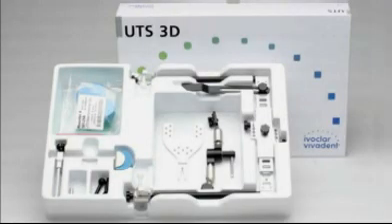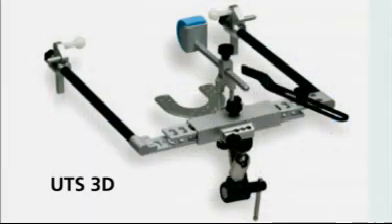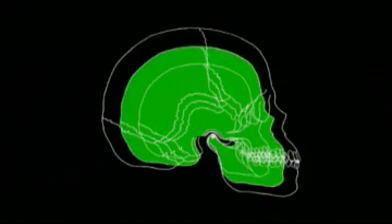The Universal Transfer Bow System, UTS, has been developed on the basis of scientific principles. The UTS is a recording system that can be adjusted to various reference planes. It is a fact that there are smaller and larger jaws. Depending on the skull size of the individual patient, the individual Bonwell triangle may vary by up to approximately 50 millimeters.